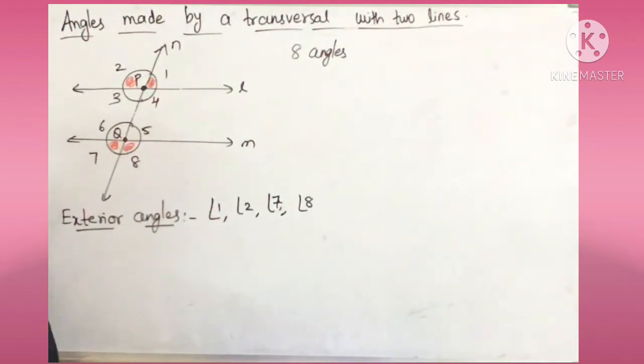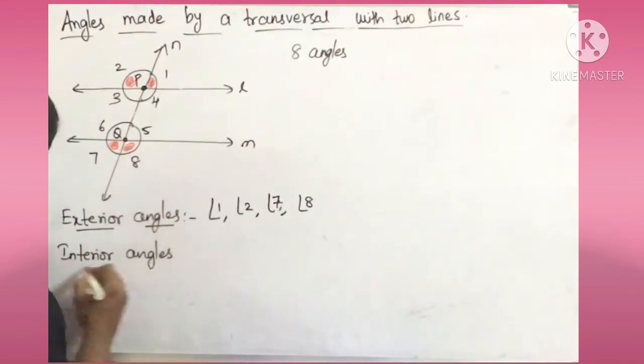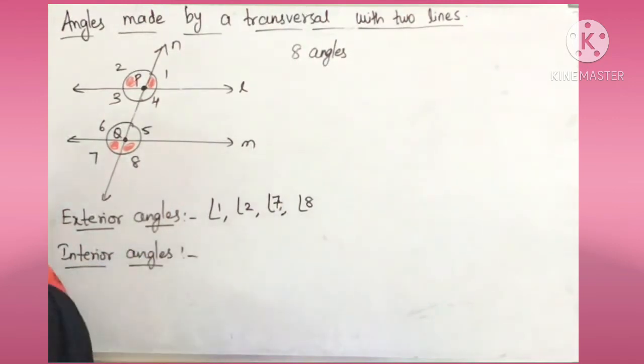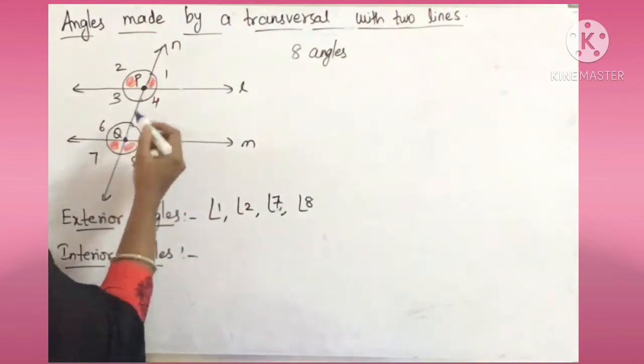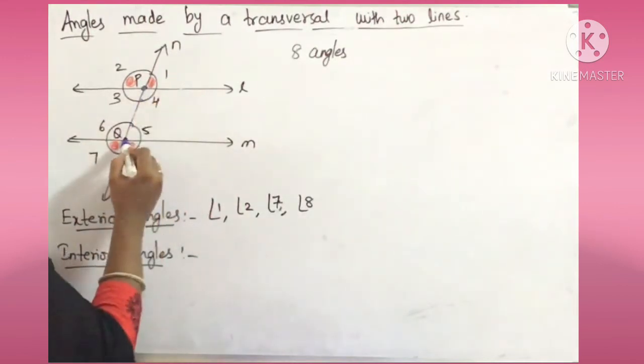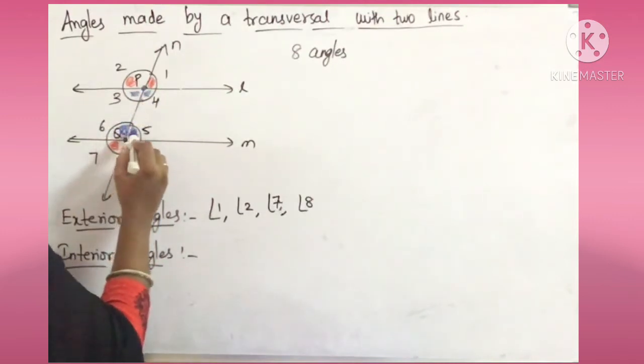Coming to the next one, interior angles. These are the angles whose arms include the line segment PQ, meaning inside. From here to here PQ is there. I am shading them with blue color, children, you can observe.